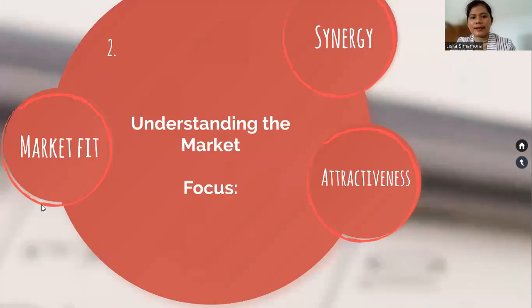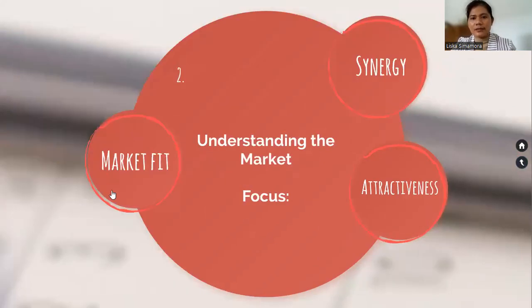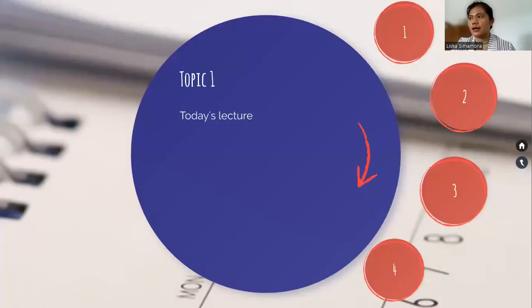Okay. Next, about understanding the market. So we have the market fit. We have so many questions here, and synergy also in the attractiveness as well. So apply it to your product.